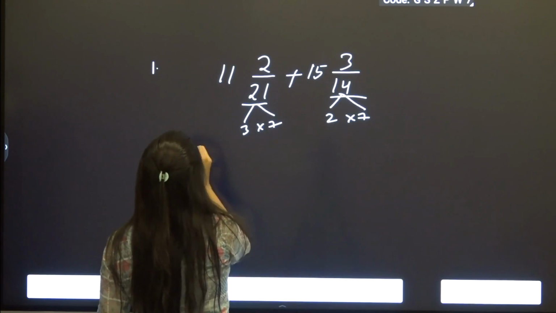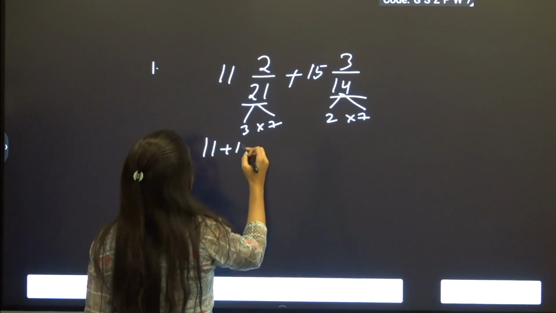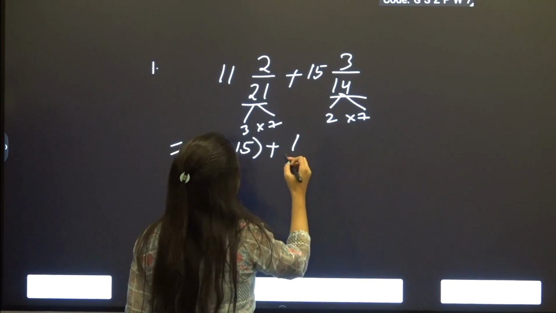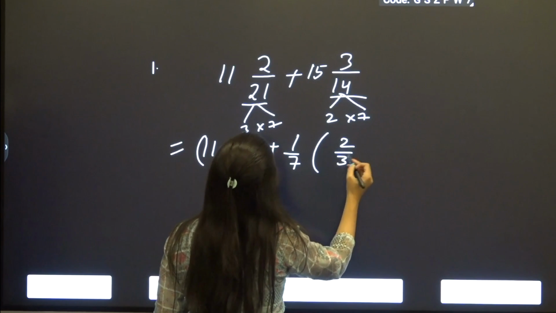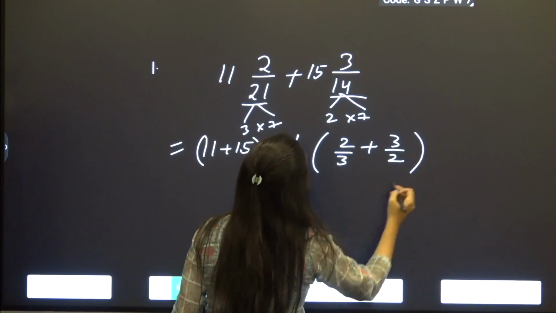So how are we going to handle it? 11 plus 15, the whole part separately, and 1 by 7 is common, and so we are left with 2 by 3 plus 3 by 2.